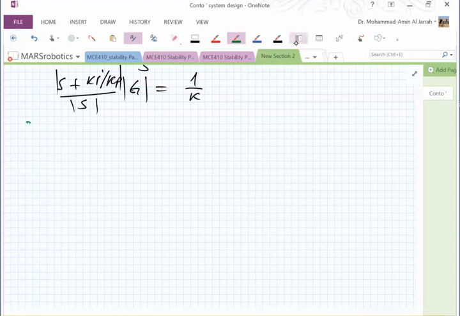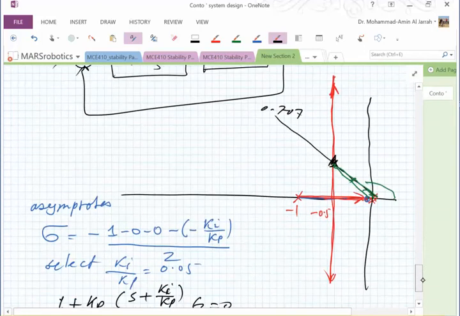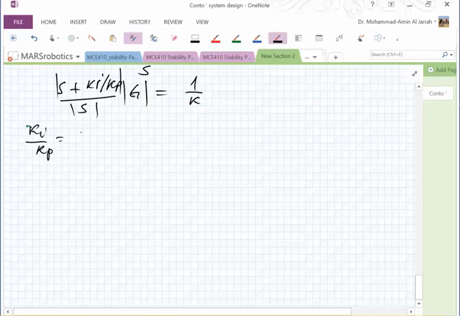Now our system design, so let me check what step we are at. Add an integrator, and we make Ki over Kp equal to 1 over 20. What is Ki over Kp? We want this to be very small. So this is 1 over 20, right? We made it 1 over 20, correct?